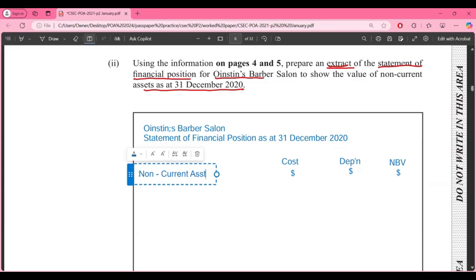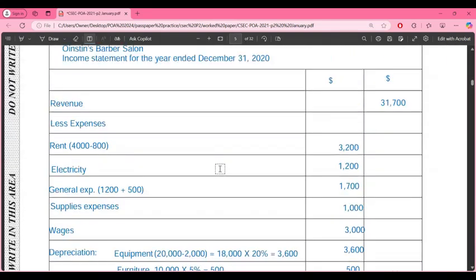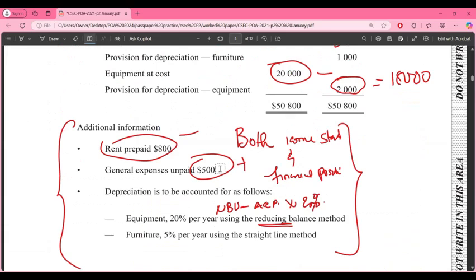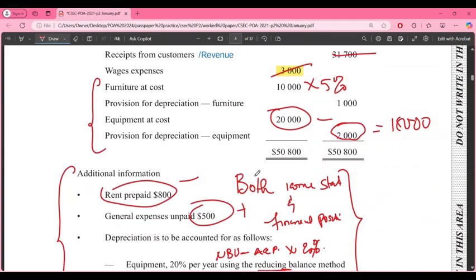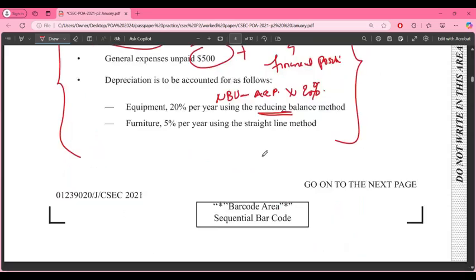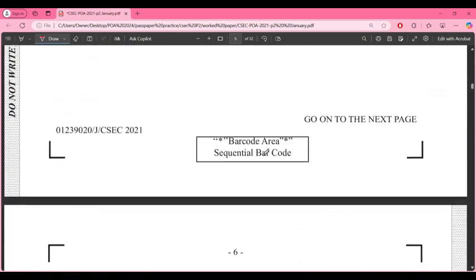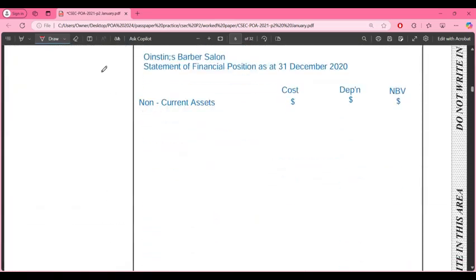And your non-current assets would be all of your fixed assets that are presented on the trial balance. There are two non-current assets presented on this trial balance, and that's the furniture at cost and the equipment at cost. The furniture at cost is 10,000 and the equipment is 20,000.